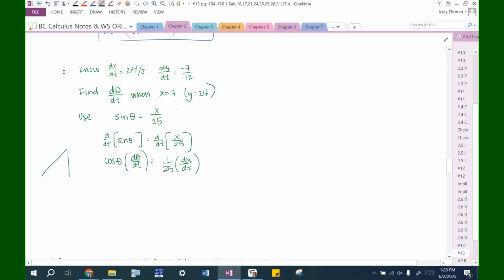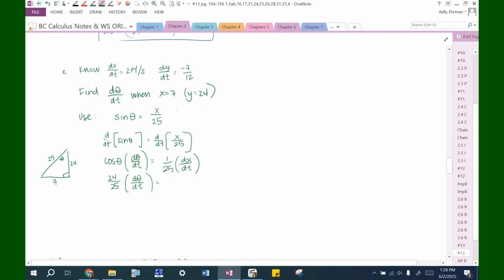Remember, all you need to find the exact value of cosine theta are the sides of the triangle. And this is a 7, 24, 25 triangle. So what is the cosine of theta? It's right there. It's 24 over 25. I do not need to know how many radians theta is to figure that out.